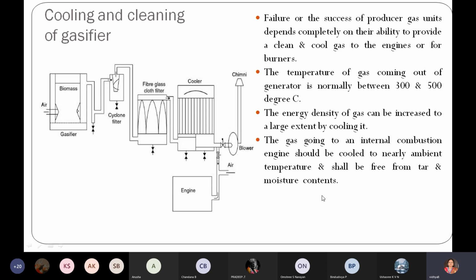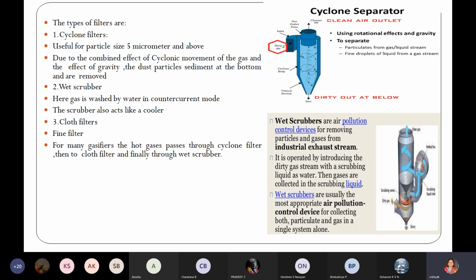Next we shall discuss the types of filter. We require a filter because the gas should be free from tar and moisture contents, and free from dust particles. These are the types of filter. First is the cyclone filter. You can observe here the cyclone separator using rotational effects and gravity. This is the figure of the cyclone separator, or cyclone filter.